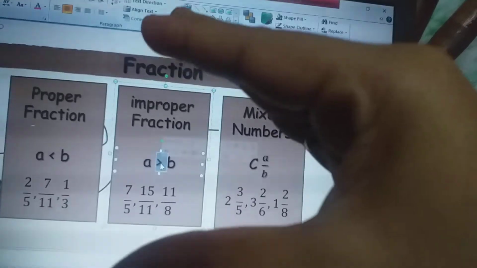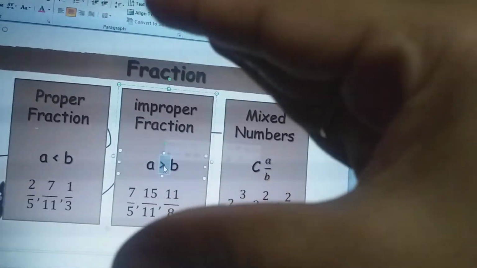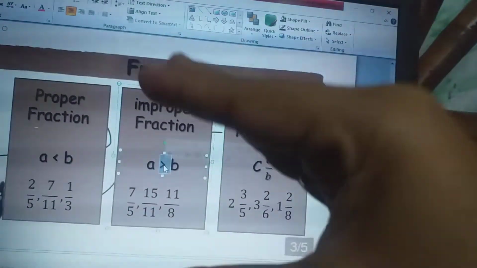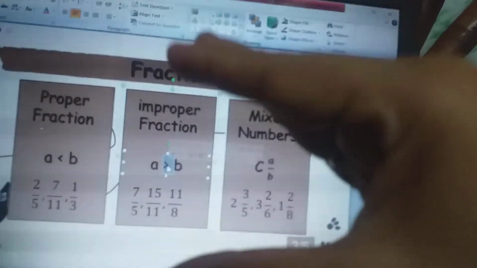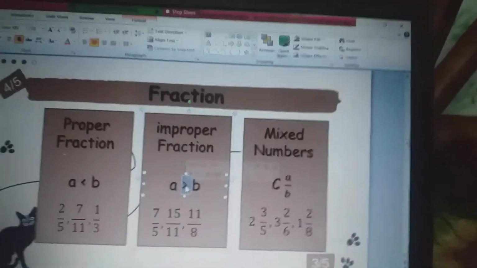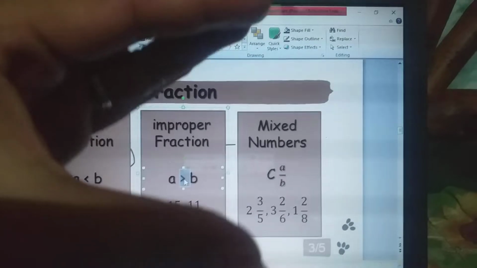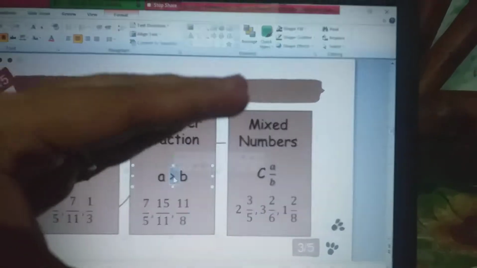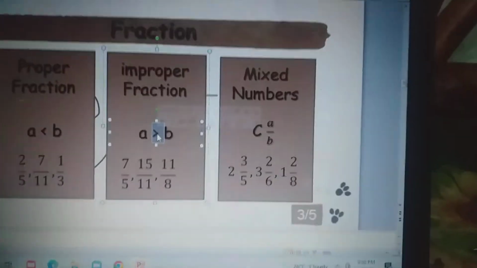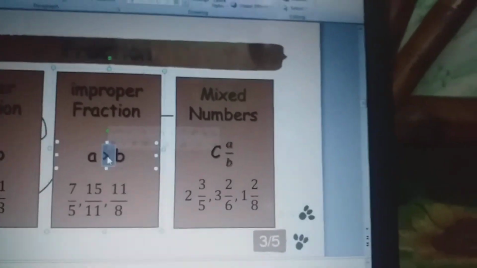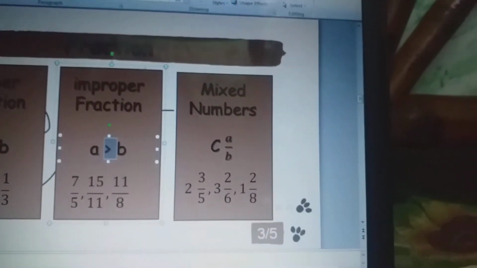Ayan. So, this is the symbol for greater than. Right hand po, ha. Pag less than po, it's the left hand. This is the less than. So here, improper. So, A, mas malaki kay B.